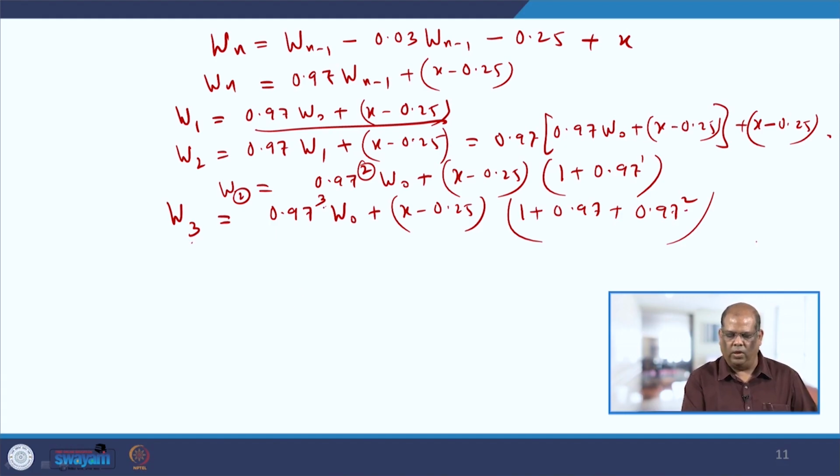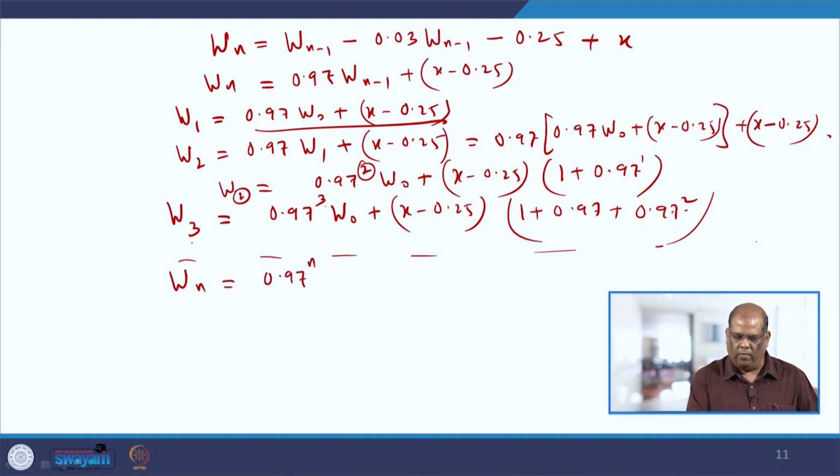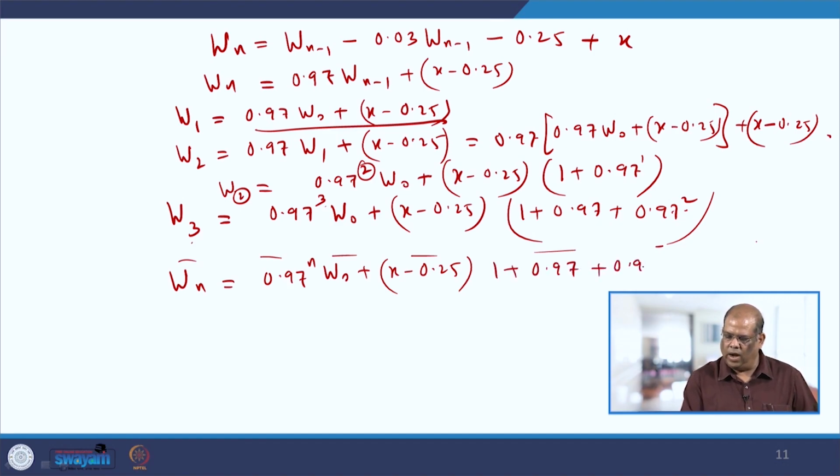Similarly, W4, this will be 4, this will be cube, and ultimately we can get Wn as 0.97 to the power n W0 plus x minus 0.25 times 1 plus 0.97 plus 0.97 square plus up to 0.97 to the power n minus 1.